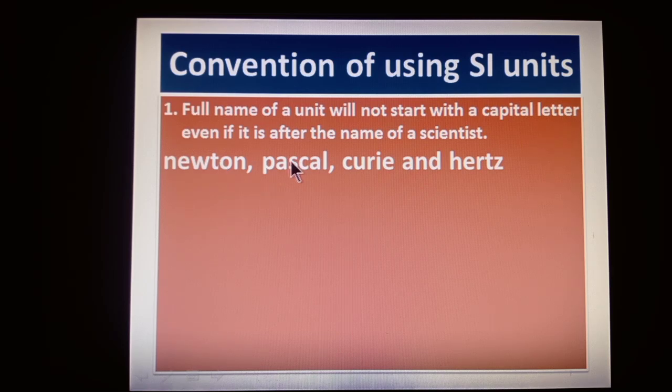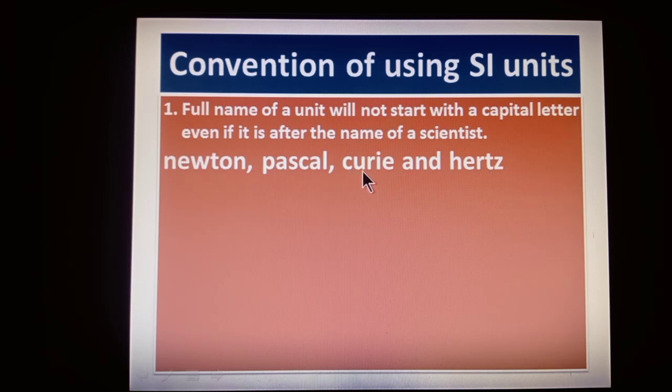Similarly, the unit of pressure is pascal. If I write it with capital P, it may be the name of the person. So I should write it with small p. Similarly, curie, the unit of radioactivity, after the name of a scientist. If I write it with capital C, it may be the name of that person.